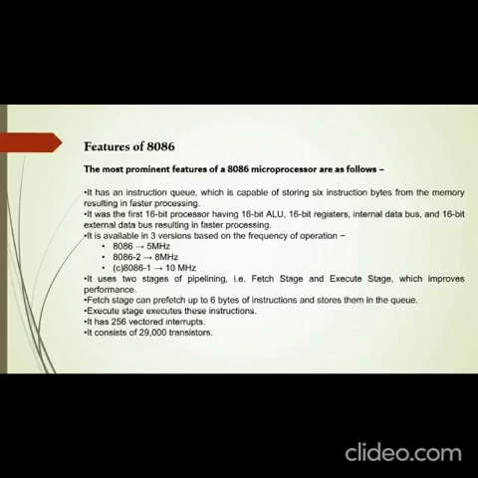Fifth, the fetch stage can prefetch up to 6 bytes of instructions and stores them in a queue. Sixth, the execute stage executes these instructions. Seventh, it has 256 vectored interrupts. Last, it consists of 29,000 transistors.